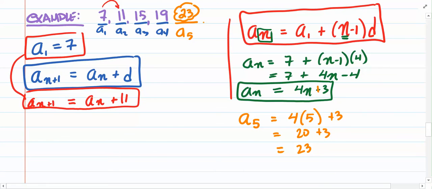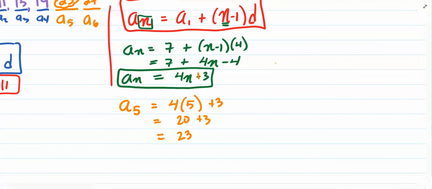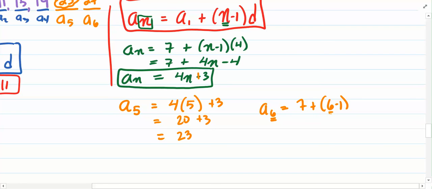So let's do another one real quick just to make sure we have it. So a sub 6. I want the value of a sub 6. Well, I know in this particular case that if I just add 4, I would get an answer of 27, right? That's pretty easy. But if I use the explicit formula over here, for example, if I plug in a sub 6, it would be the very first term, which is 7, plus the quantity of 6 minus 1, because remember that number matches my n, times my common difference, which in this case is a value of 4.